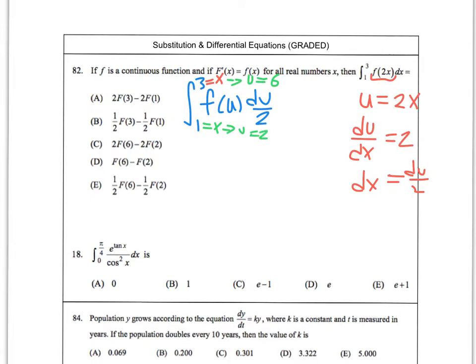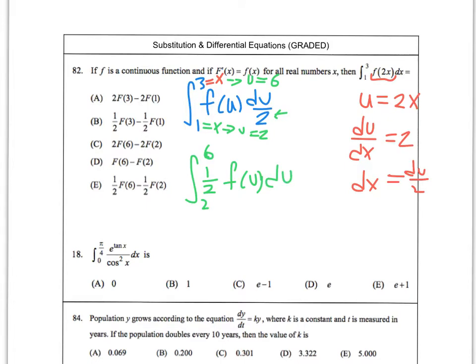So I'm going to rewrite this as the integral from 2 to 6. And I'm going to take that 2 under the du, put it out front as a half. Then we've got f of u du.